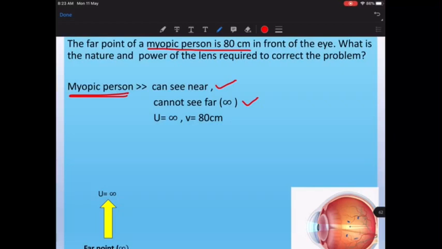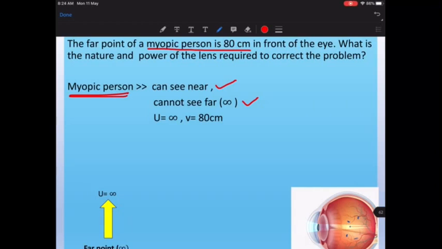So what should be the nature of the lens and what should be the power in order to look far? What is given to us is that the far point of the myopic eye is 80 centimeter. This is the maximum that he can see.